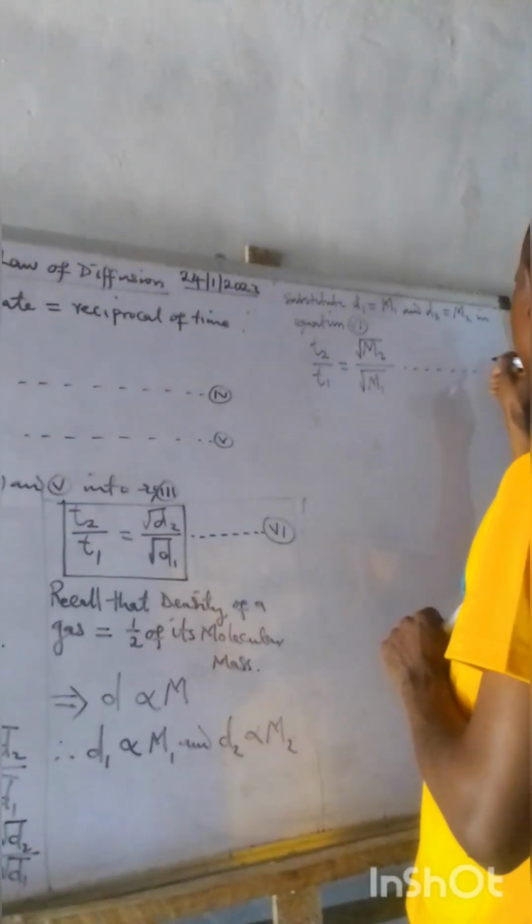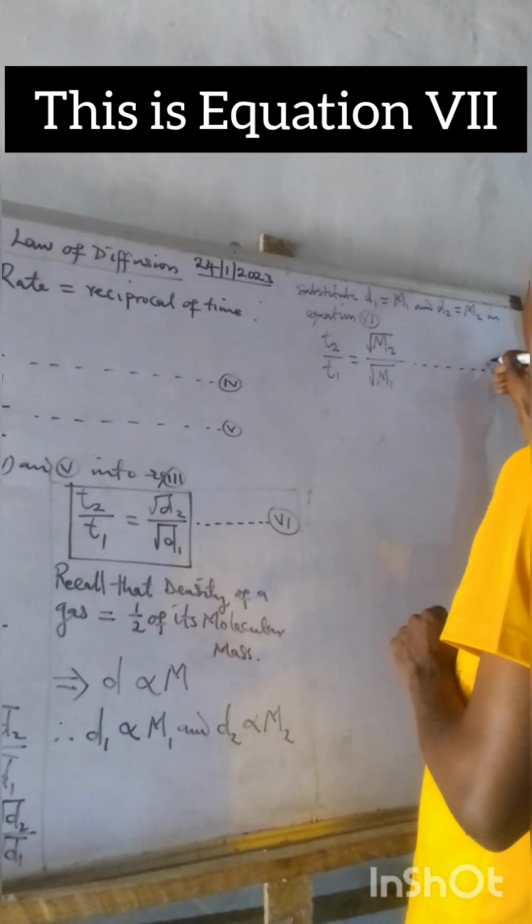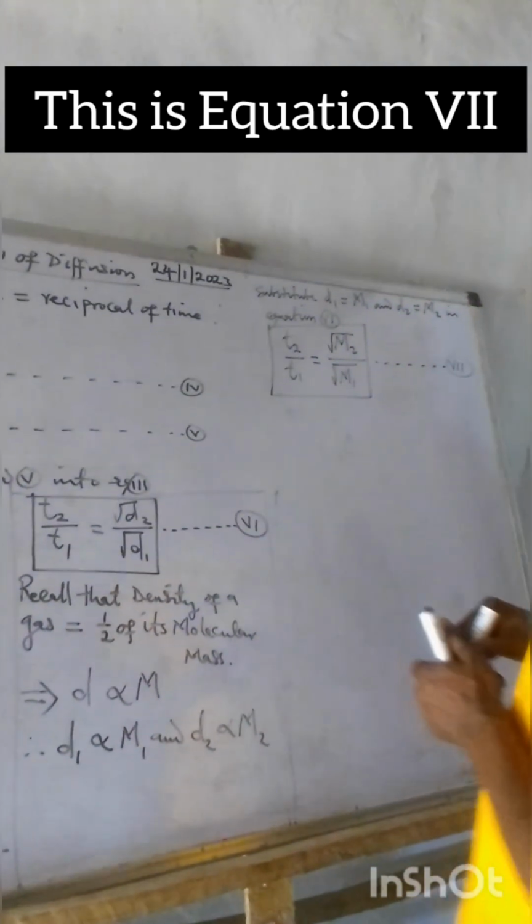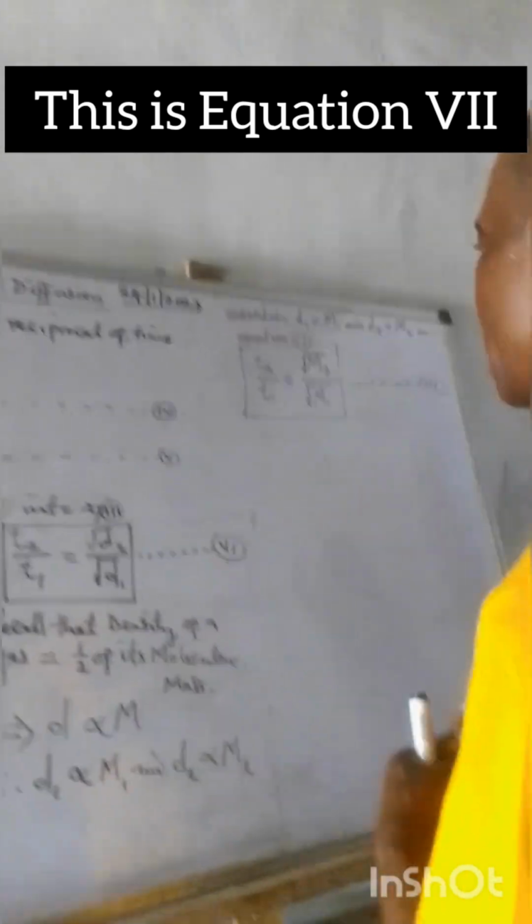This is equation 7. And this equation is very important to the question we are about to solve.